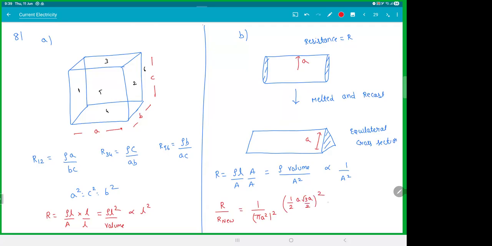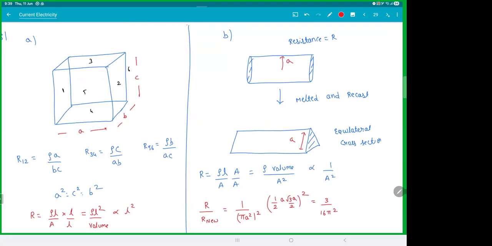A square will cancel. This will be 3, and that will be 4 square, 16. Pi square. And then we get R new is 16 pi square by 3.